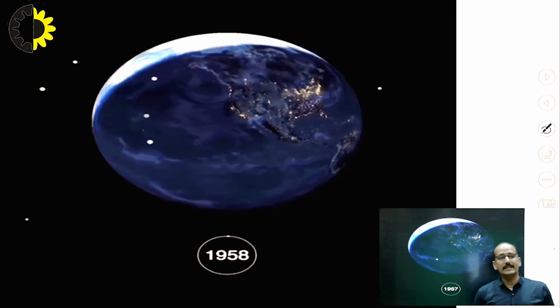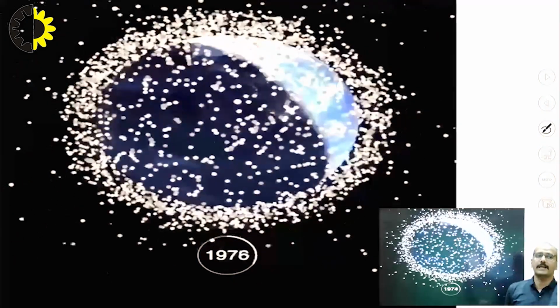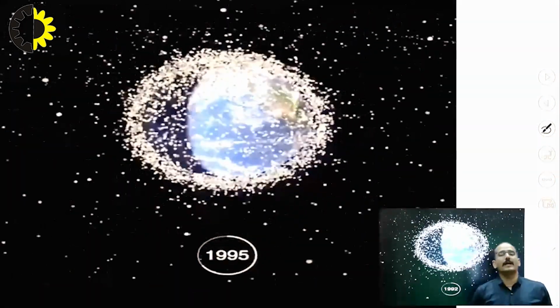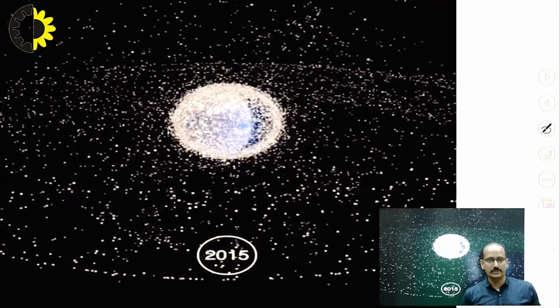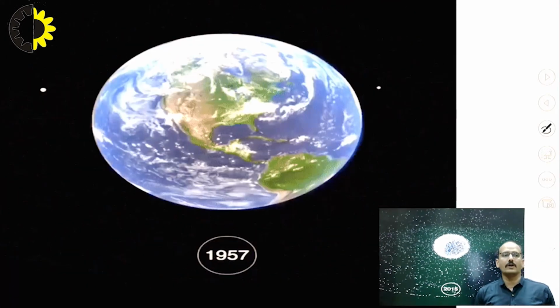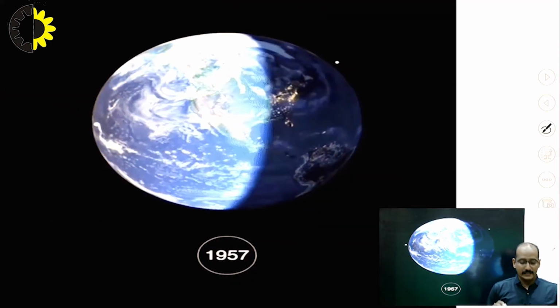So this creates a continuous increase in the garbage or junk in the outer space of the Earth's atmosphere, and all that remaining part of the satellites, launching vehicles, or rocket boosters is basically known as space debris.